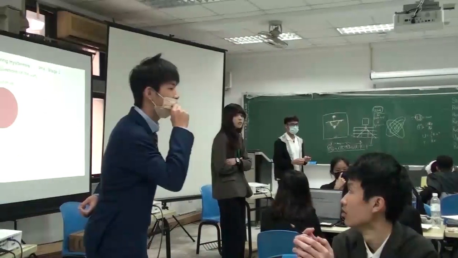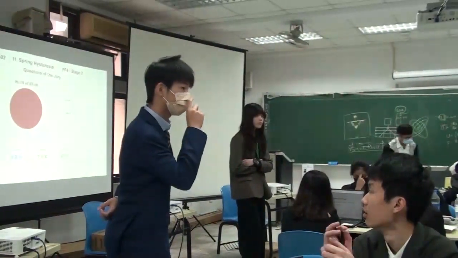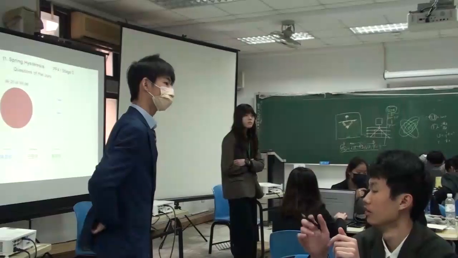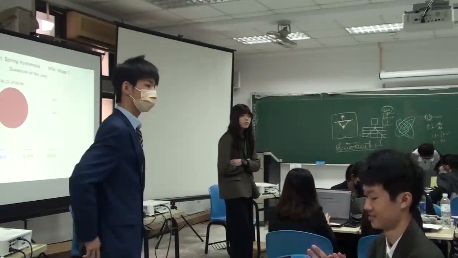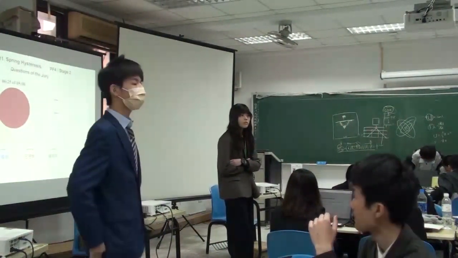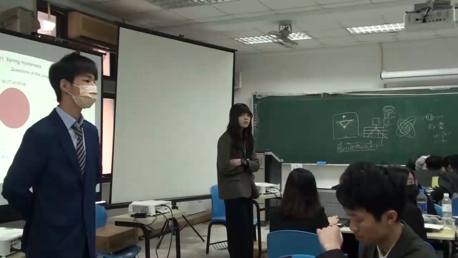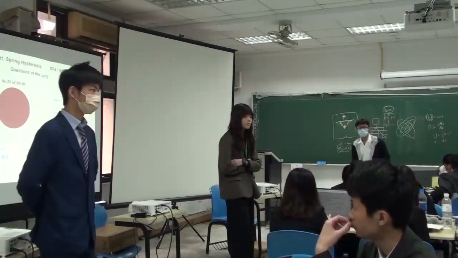Could you restate it? You have a V-shaped spring combo, right? And there's an angle subtended by those two springs. So what's the effect of that angle?